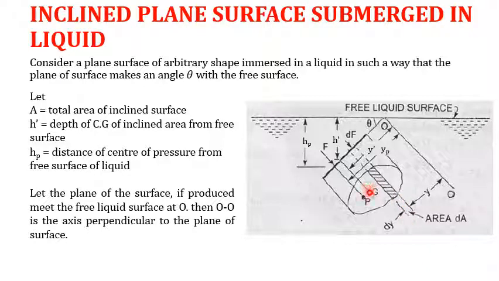The distance of the center of gravity from this O reference is y dash, and till this P point the distance is yp. The area of the strip dA will be equal to the width b into dy.